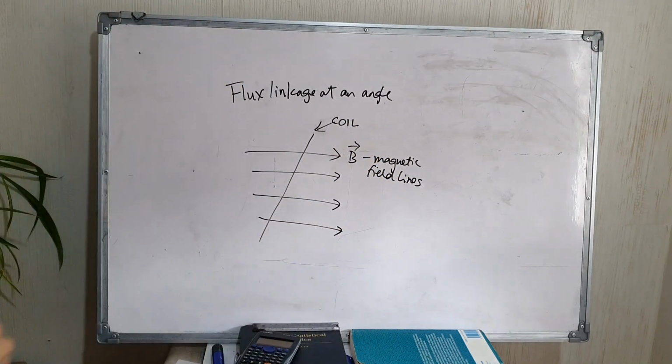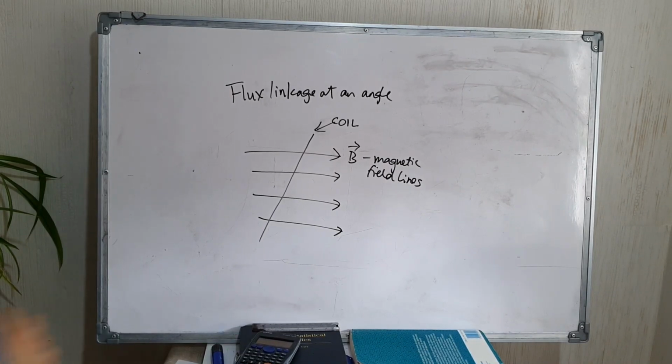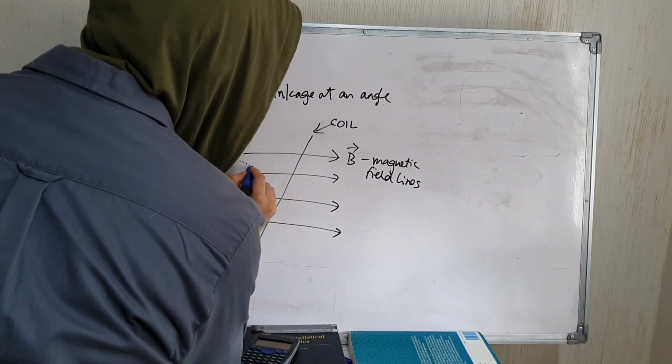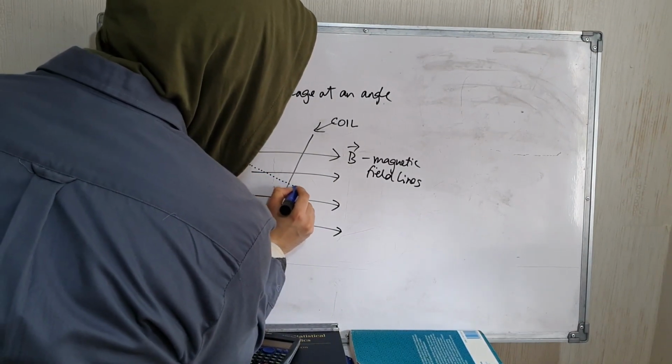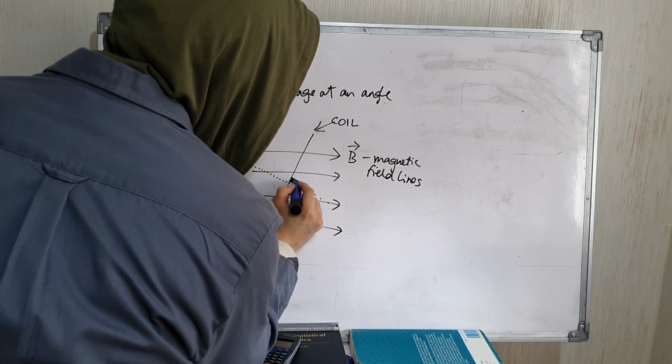So that's the coil. Now, let's draw the normal to the coil. So the normal is 90 degrees to the coil.